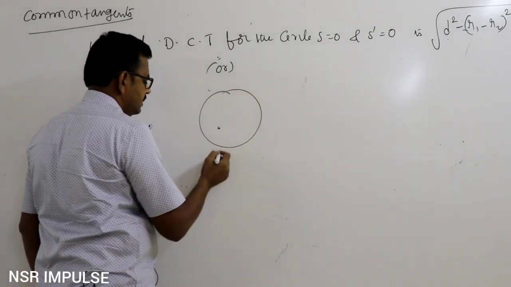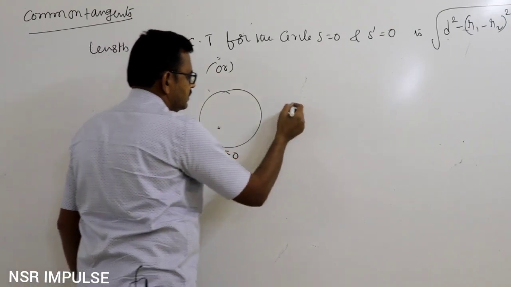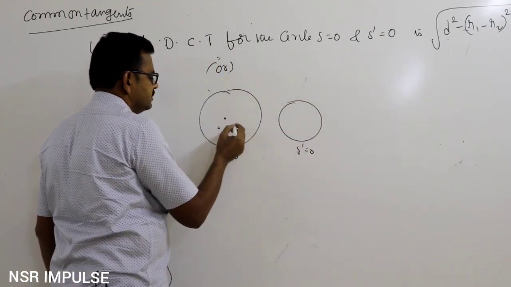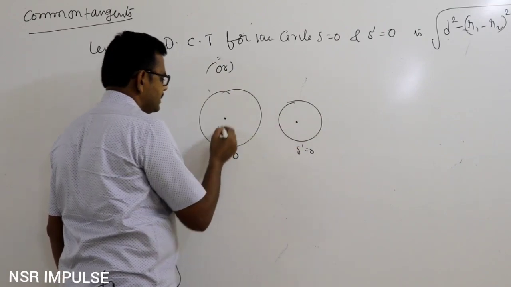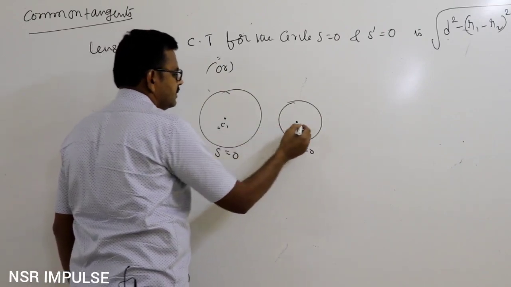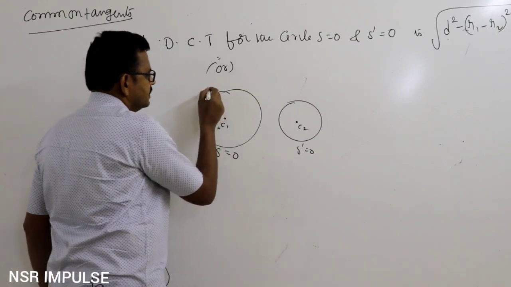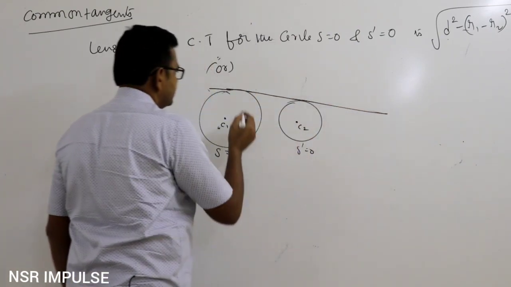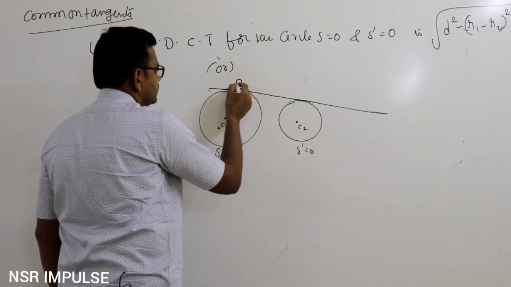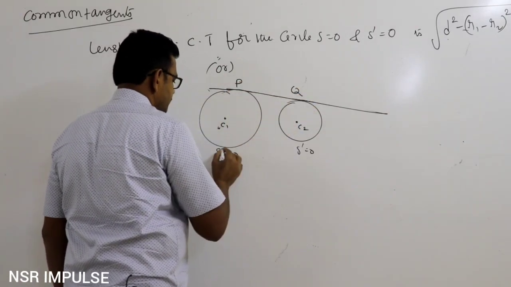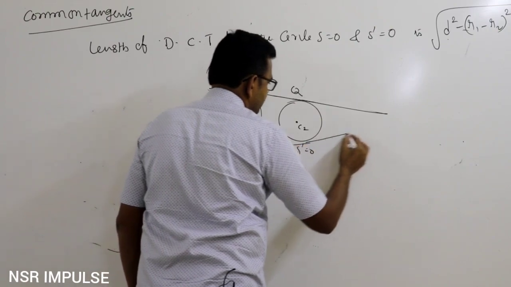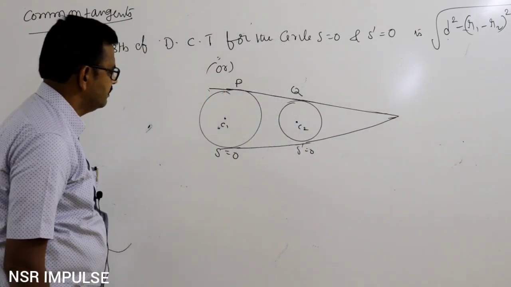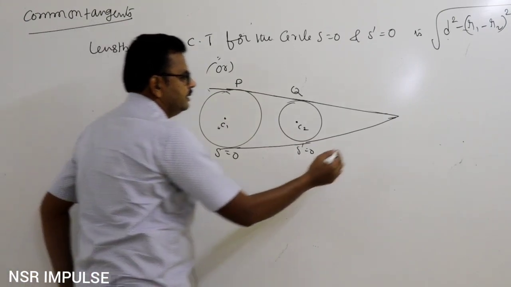These are the circles S equal to 0 and S dash equal to 0 with centers C1 and C2. This is the length of the direct common tangent, PQ.